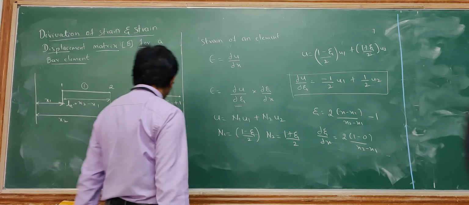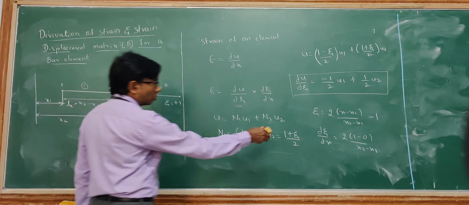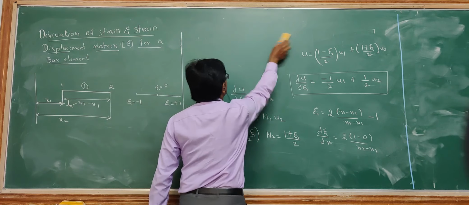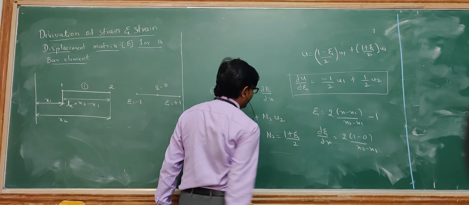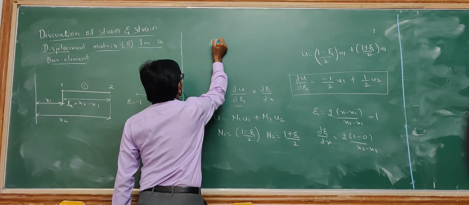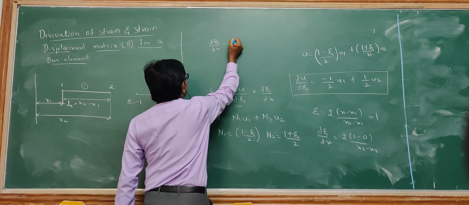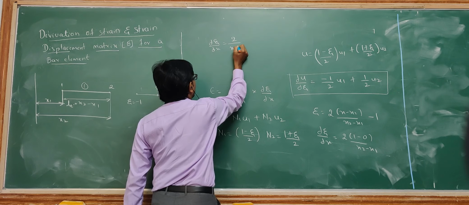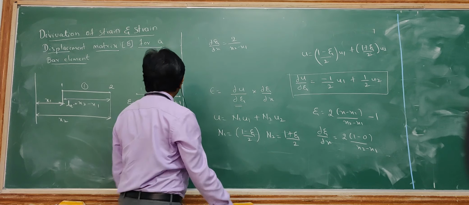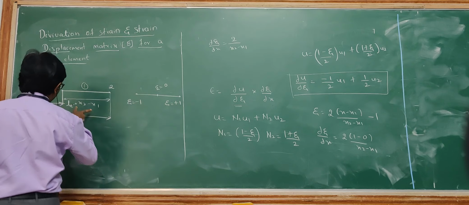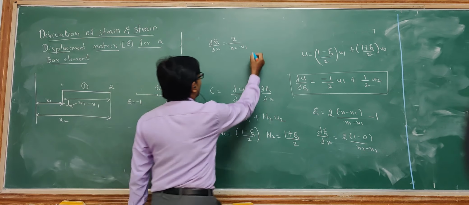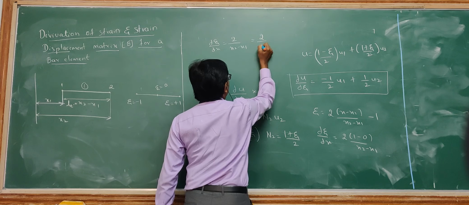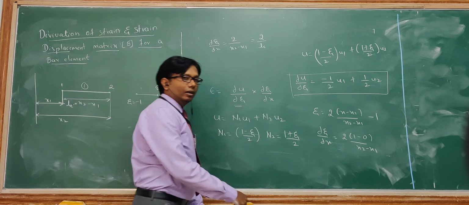Next I solve this. Dou zeta by dou x will be 2 upon x2 minus x1. x2 minus x1 is nothing but the length of the element.